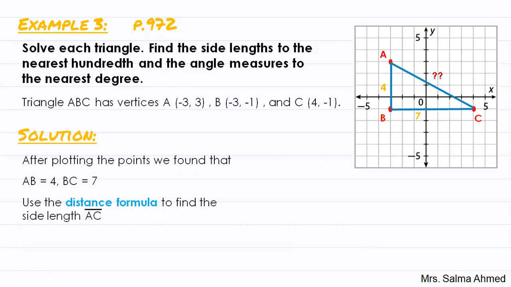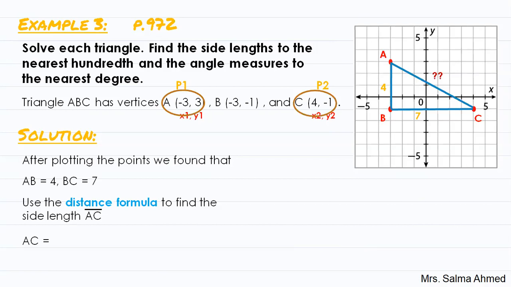So we are going to use the distance formula to find the distance between A and C. I'm going to assume that A is point 1, which is x1, y1, and point C is point 2, which is x2, y2.